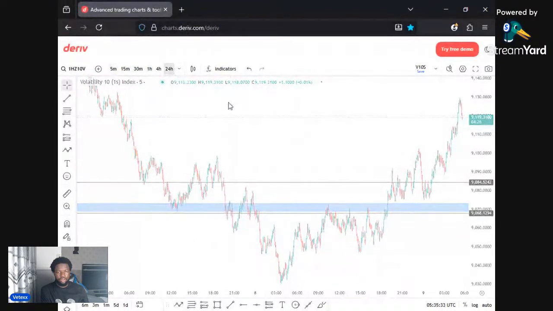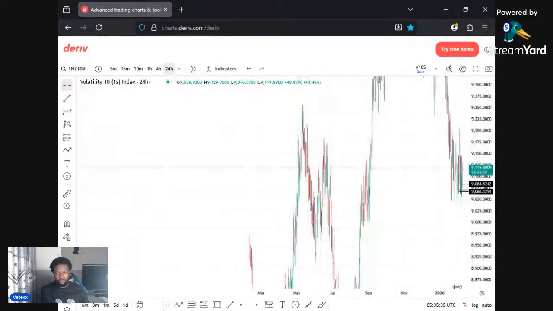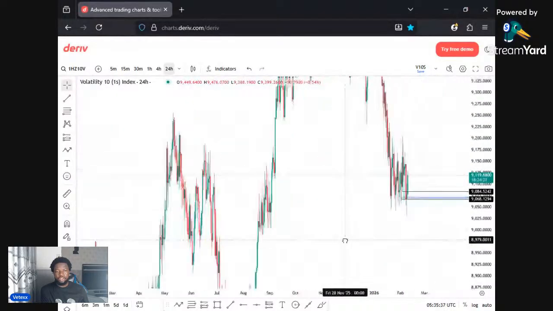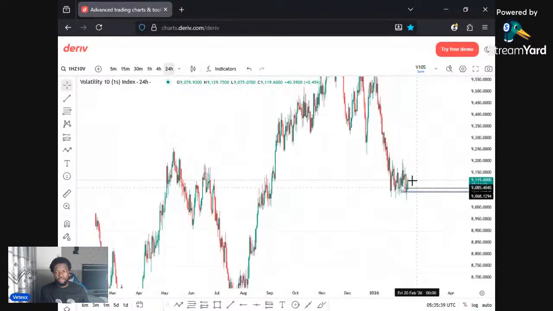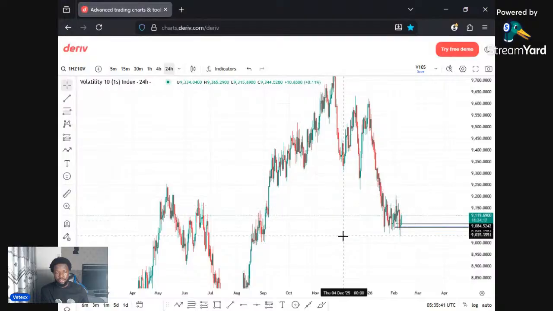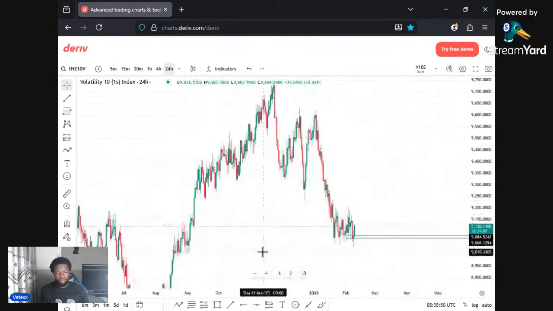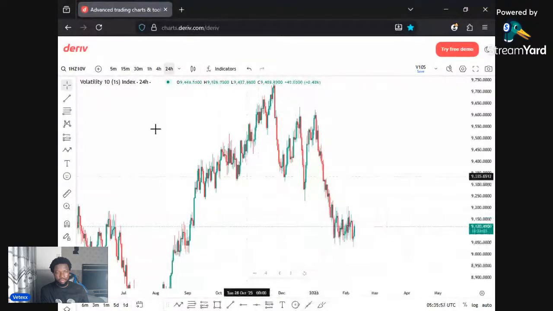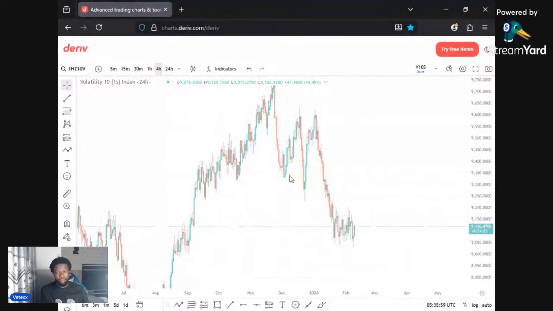On the weekly time frame, VTNS is bullish, yet to smash the target. On the 24-hour time frame, we don't have the direction. The price has not given us where it's coming from and where it's going to. So we go to the 4-hour time frame.